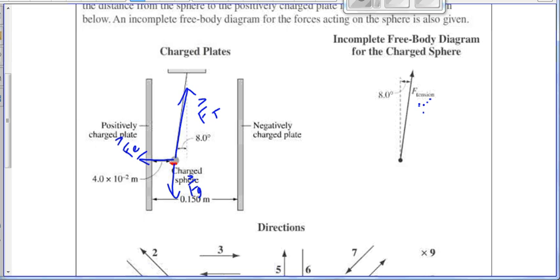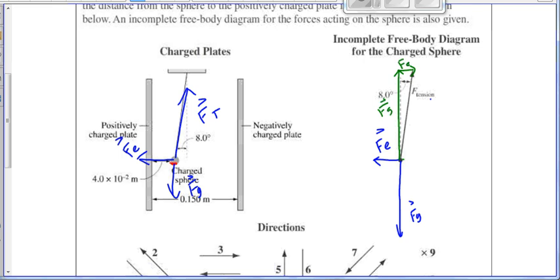So that means if we redraw this, the x component of tension has to be equal to the electric force, and the y component of tension has to be equal to the force of gravity.